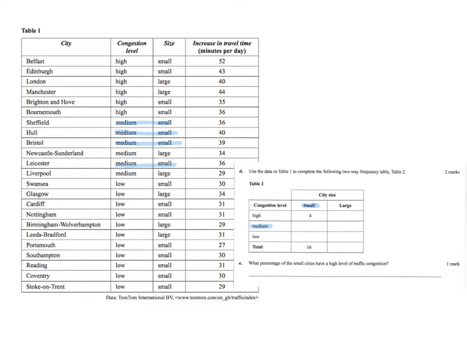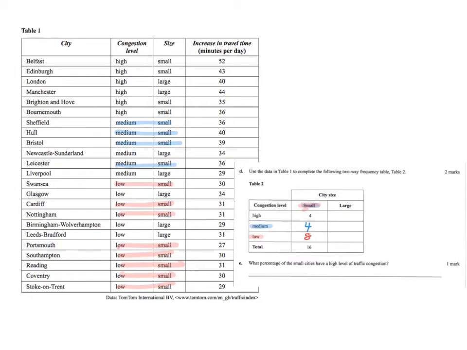So I'm looking for medium and small. So is it 4? Is everyone happy with that? Yep, so I'm going to put 4. I'll do the next one. So I want small and low. So 1, 2, 3, 4, 5, 6, 7, 8. 8?